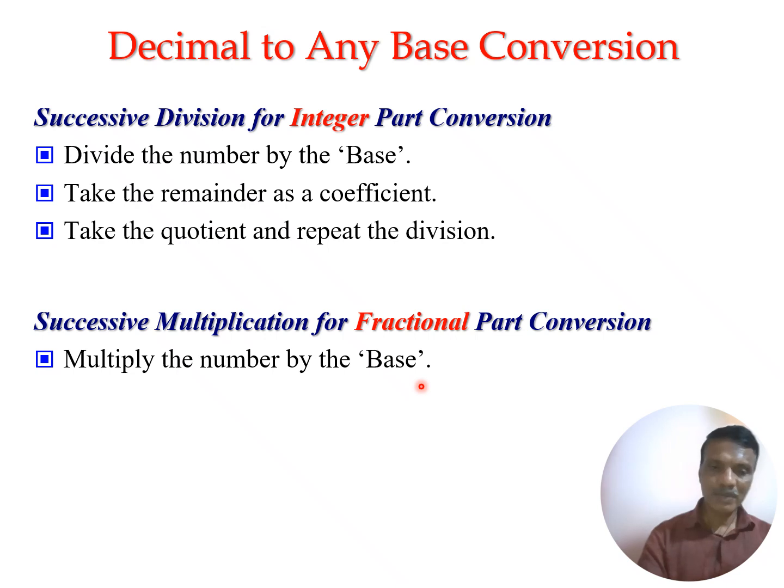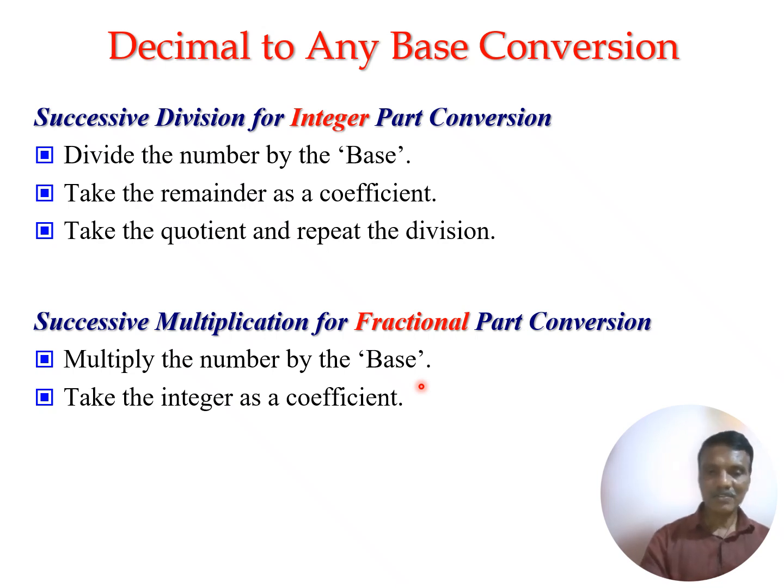So the fractional part is first multiplied with the base, and when we multiply, there is an integer available. That integer is taken as the first coefficient. In case there is no integer, if it is 0, we take the coefficient as 0.